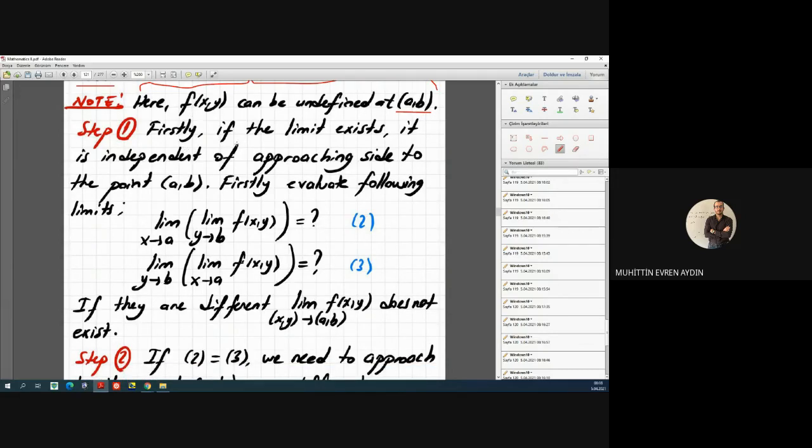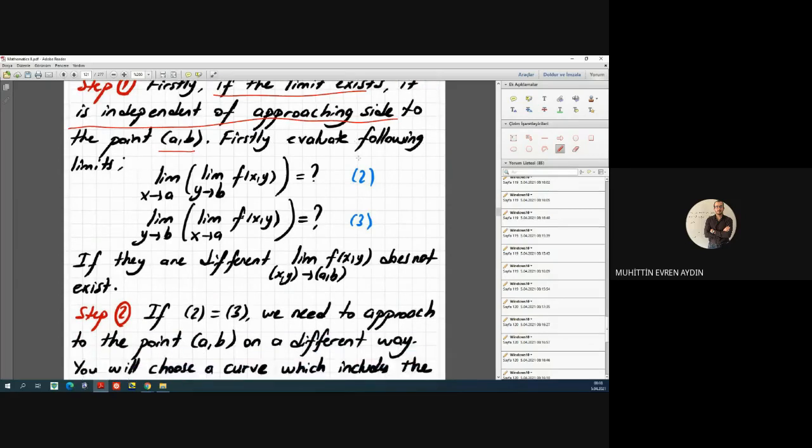Okay, first step. If the limit exists, then it is independent of the approaching side to the point a comma b. Firstly, we perform these two steps, I mean equation 2 and equation 3.